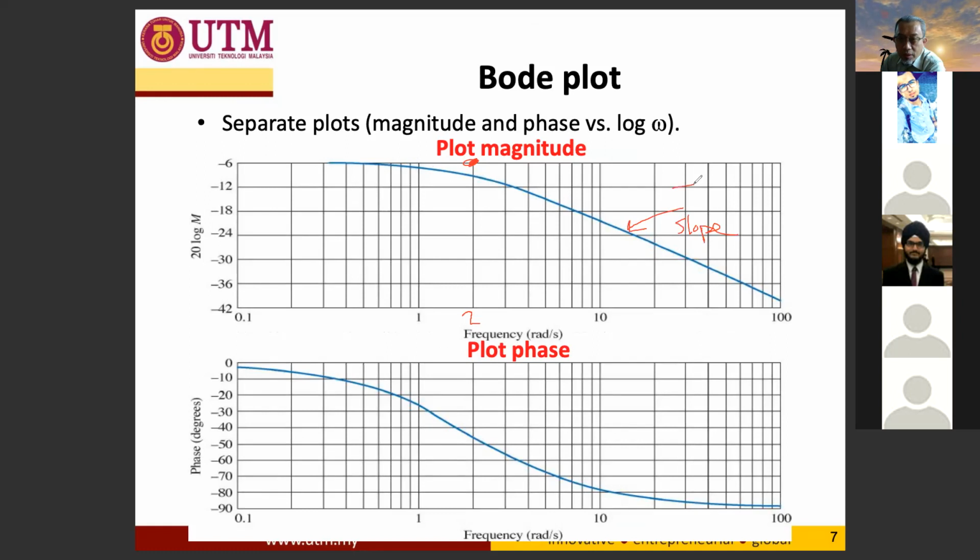The slope is -20 decibels per decade. And here too there is a break frequency, which is at -45 degrees.